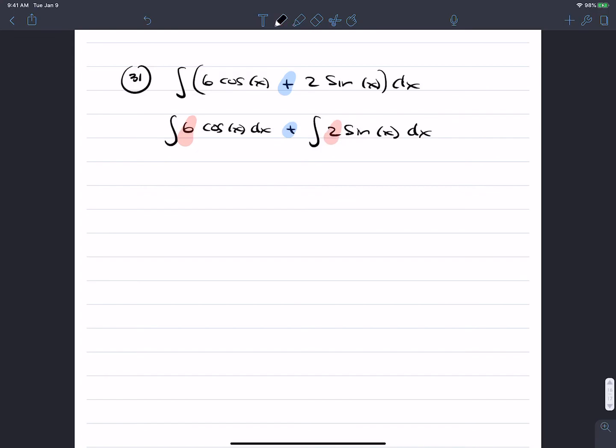Let's pull out the constants. So the constants are out. So what this means now is that I have to integrate sine and cosine.